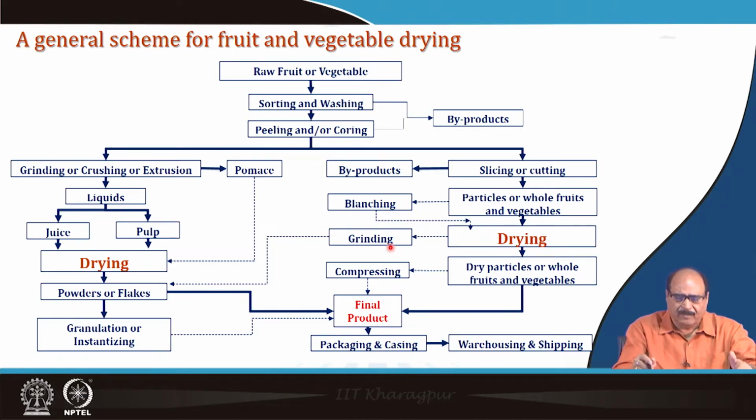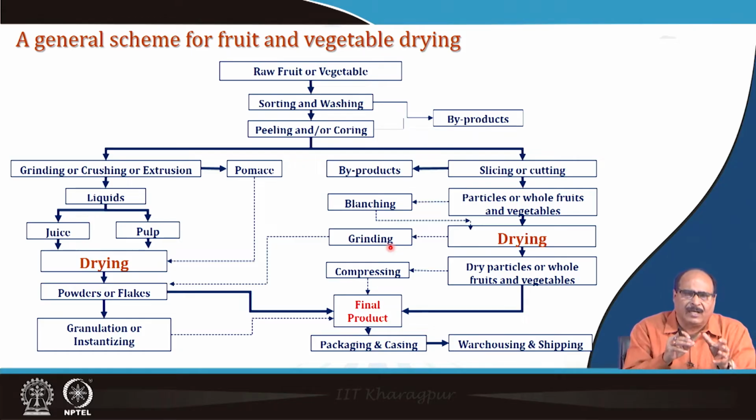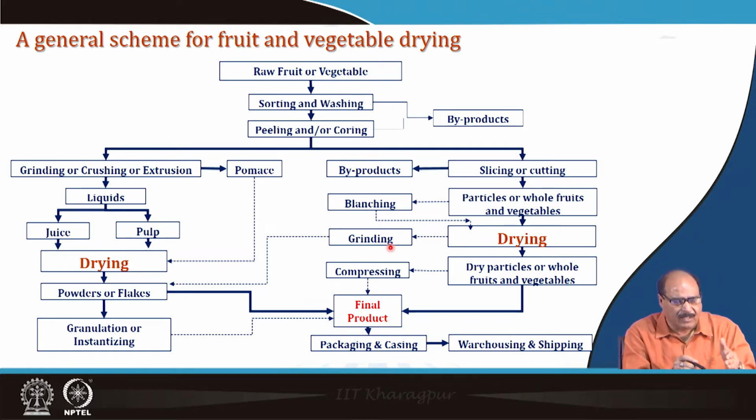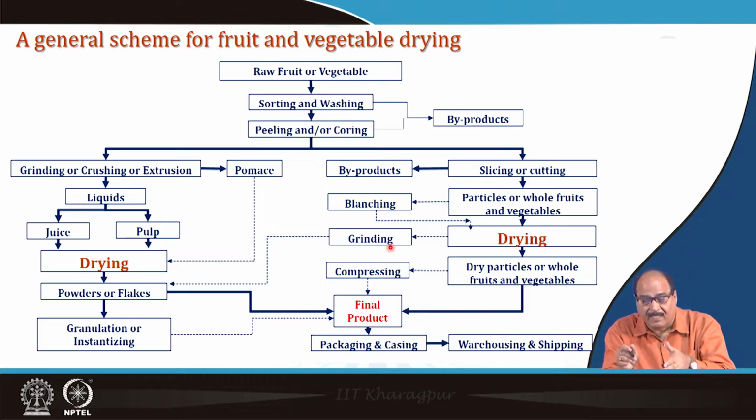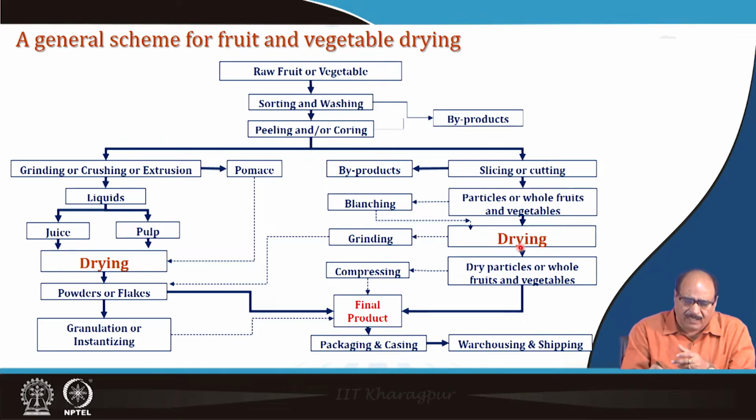Then it can be subjected to two major treatments depending upon the nature of the dried product, whether you want the dried product in the form of slices, cubes, and such other forms. Then again these pre-treatments are given, peeling, cutting, slicing, etc., and then it is subjected to some sort of drying process, which we will discuss a little later, and finally we get the desired final product.